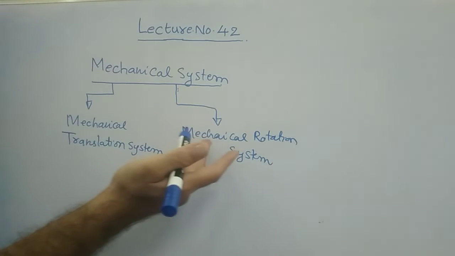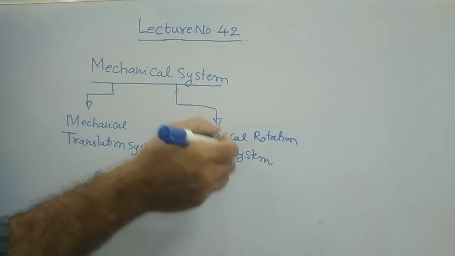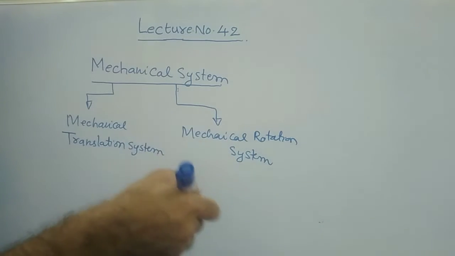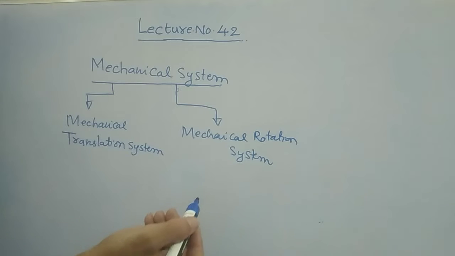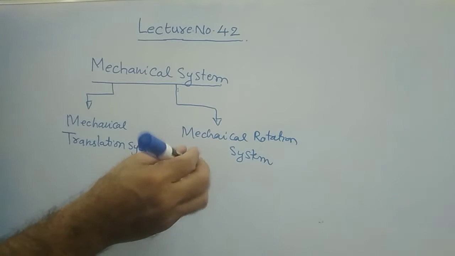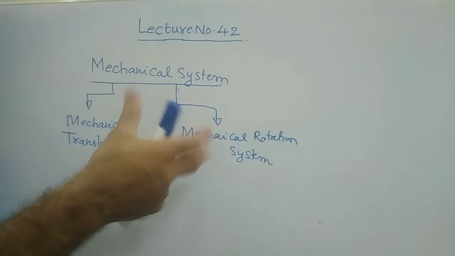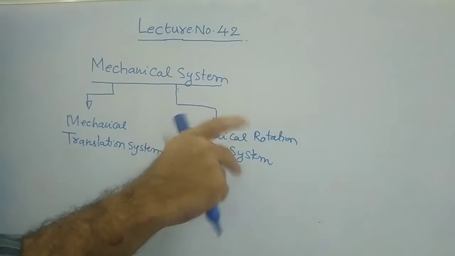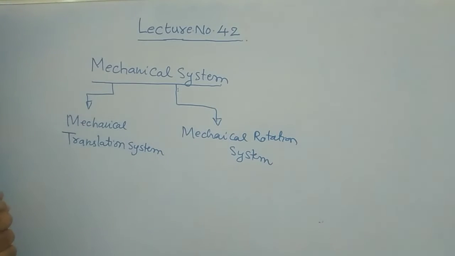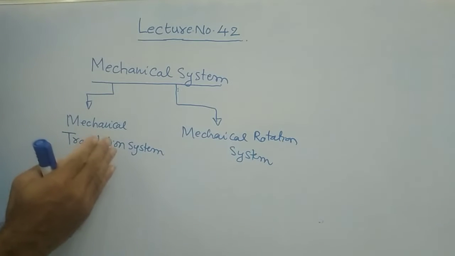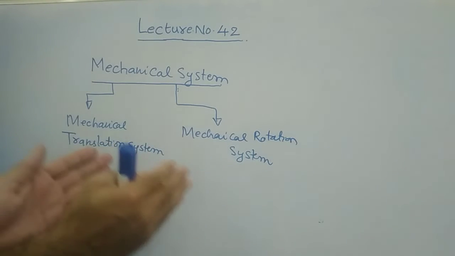Whereas mechanical rotational means the major important thing is that it rotates, like an armature. If you see the motor, AC motor, generators, or whatever, the rotating part will rotate like that. That is what the mechanical rotational system means. It is not that one. So in the mechanical system, blocks will be given which you can shift from one place to another place.